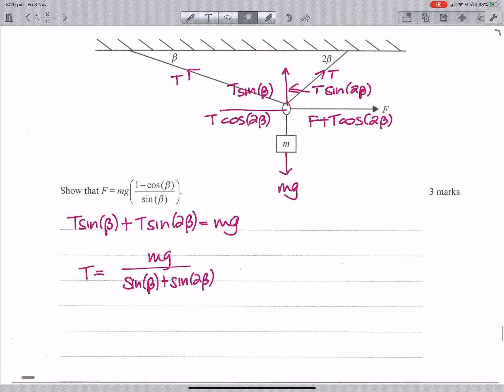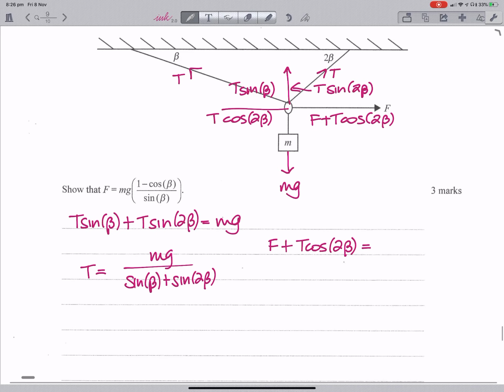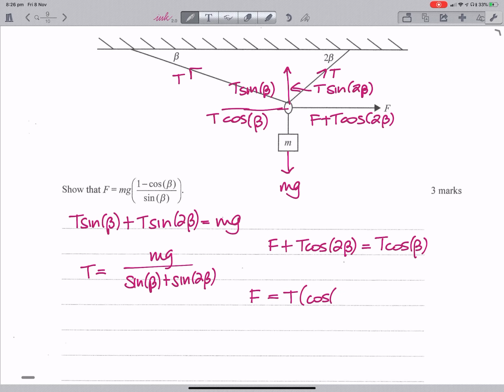So that's T. So then, if it's in equilibrium, we know that F plus T cos 2 beta is equal to T cos beta. So we get F is equal to T cos beta minus cos 2 beta.